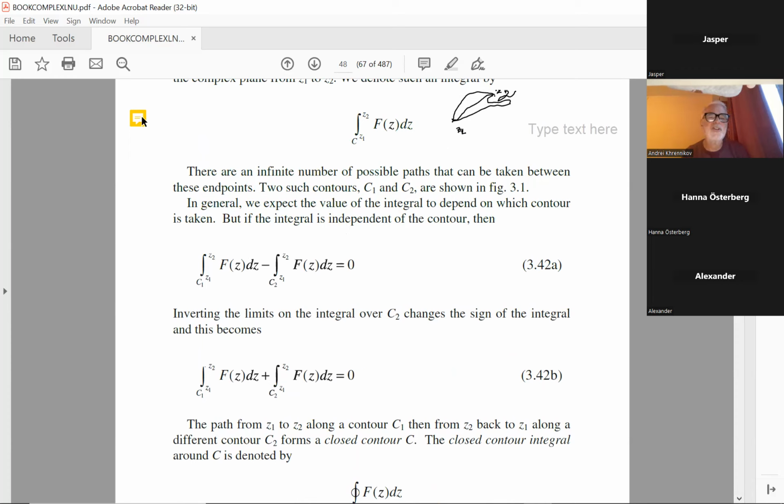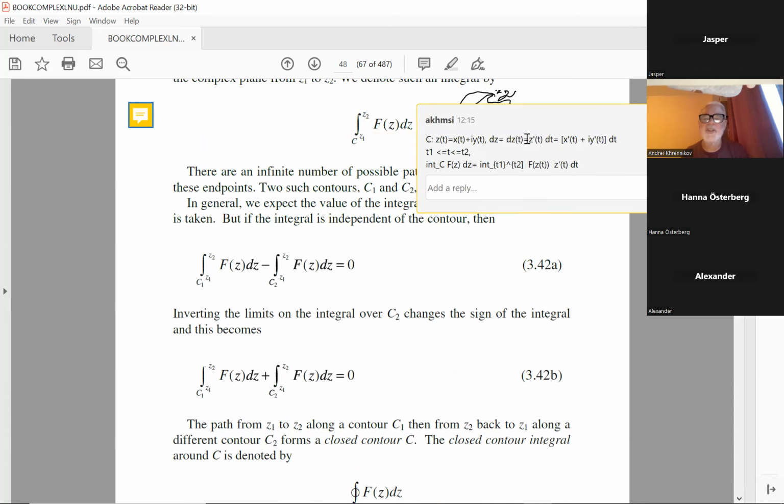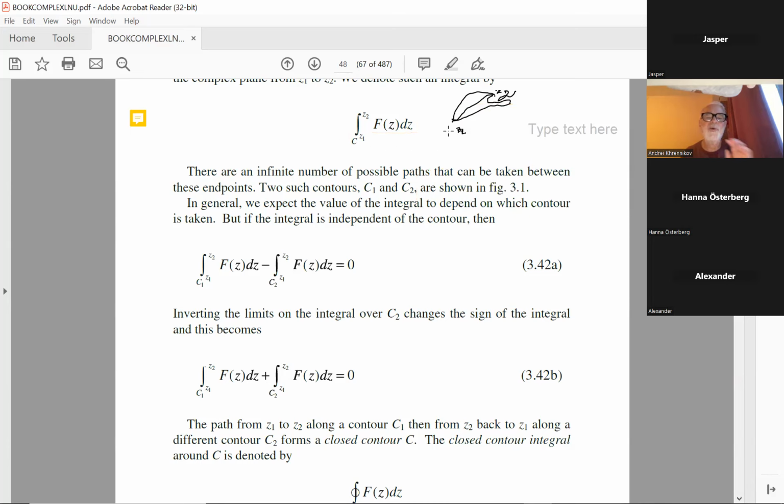As we see, each trajectory has its own parameterization, its own z(t) function, and this dz is different. The main point is here: dz is different. So in principle, integrating with respect to this or this, we can get different answers.